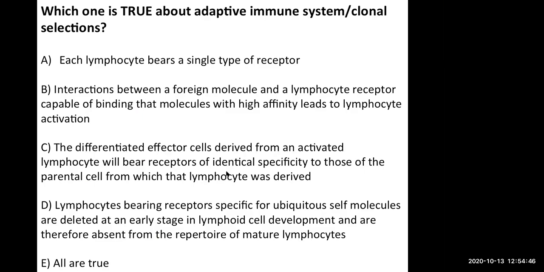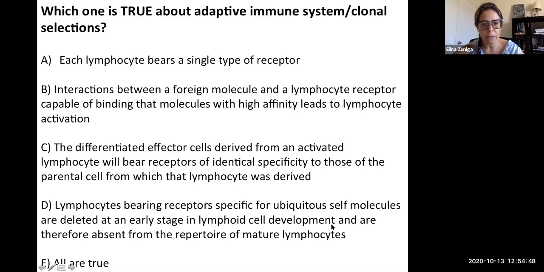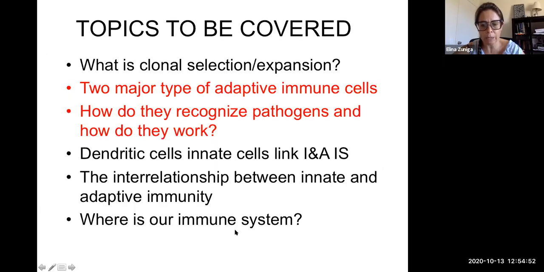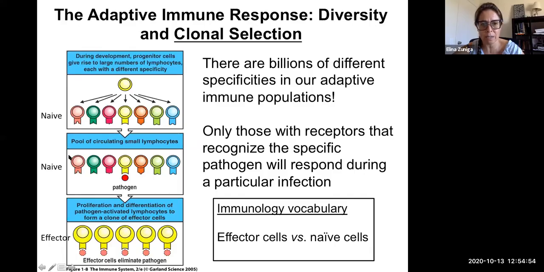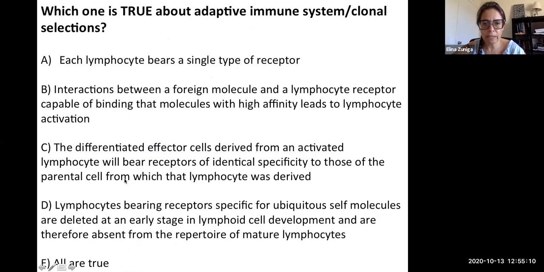So they are deleted early stage in development and are therefore absent from the repertoire of mature lymphocytes that is depicted here, that will be circulating, as we will see, in lymphoid organs, blood, and lymph, surveying for finding the pathogen ligand. Okay, any question about that?